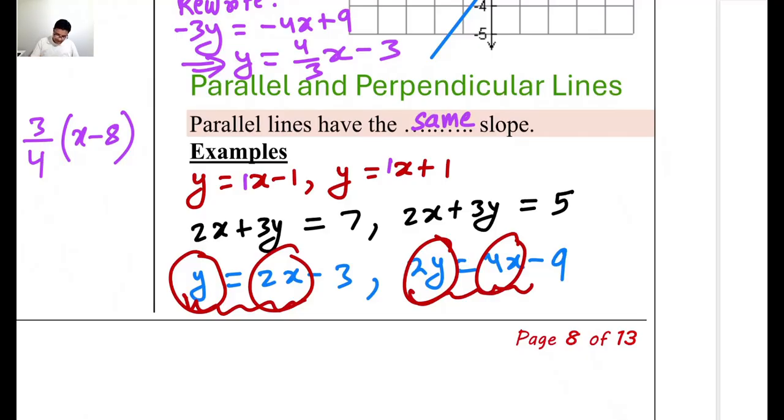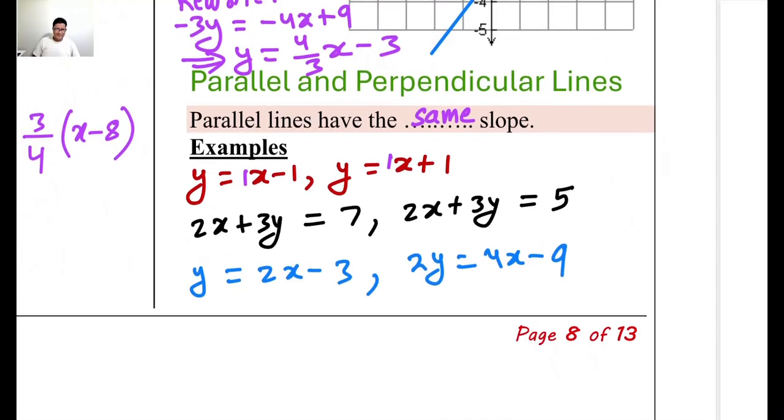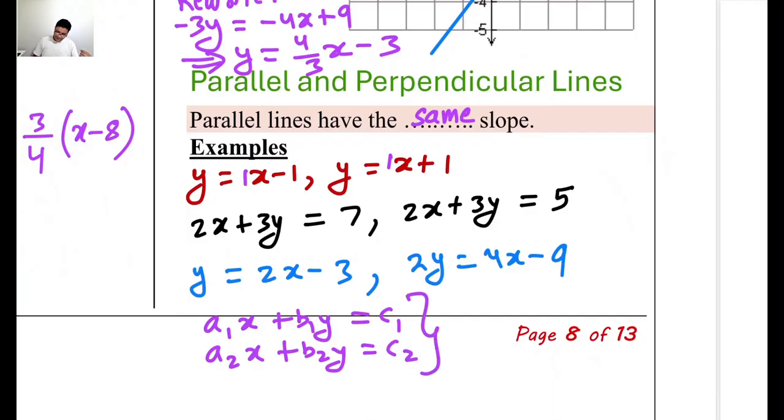And here is a method that is used, again, not to memorize as a formula, but just a concept. If your equations in standard form are a1x plus b1y equals c1 and a2x plus b2y equals c2, then if they are parallel, a1 divided by a2 should be the same as b1 divided by b2.